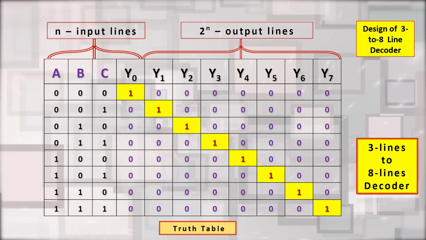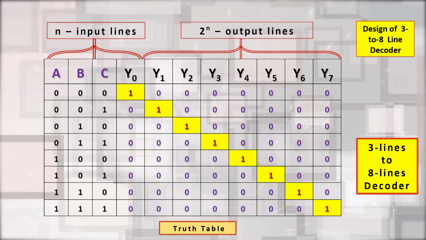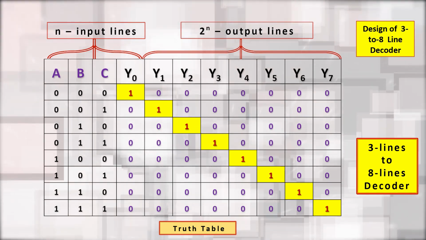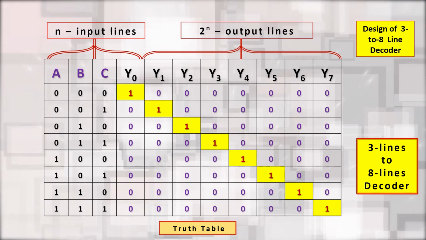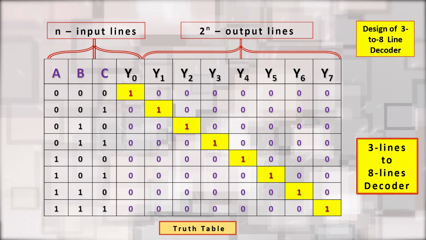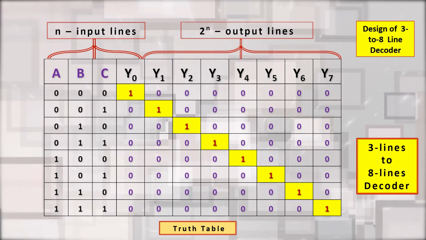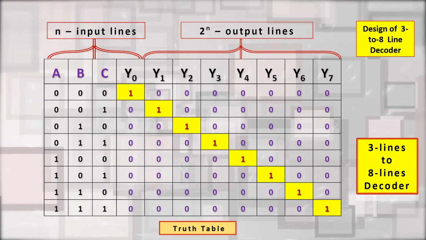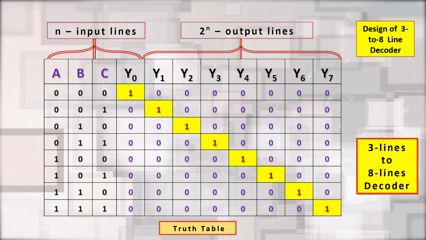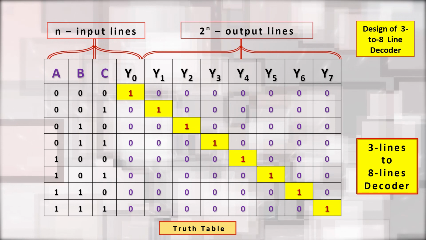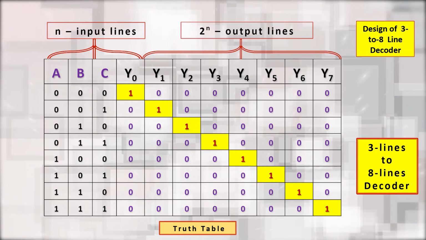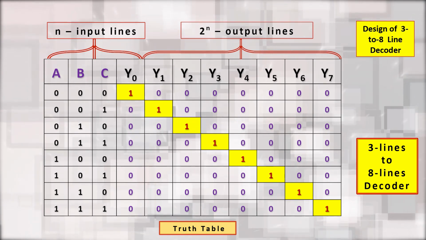For the input when A is 1, B is 0 and C is 0, the output Y4 will be at logic high and remaining all other outputs will be at logic 0. For the input when A is 1, B is 0 and C is 1, the output line Y5 will be at logic high and rest all other outputs will be at logic 0.